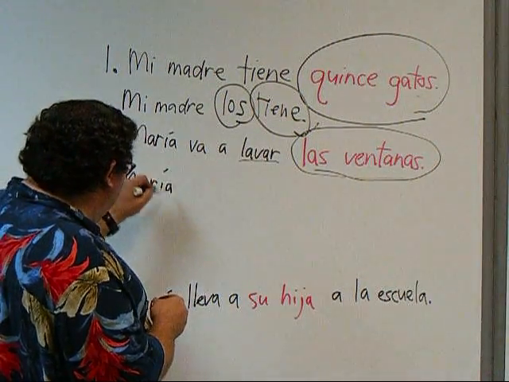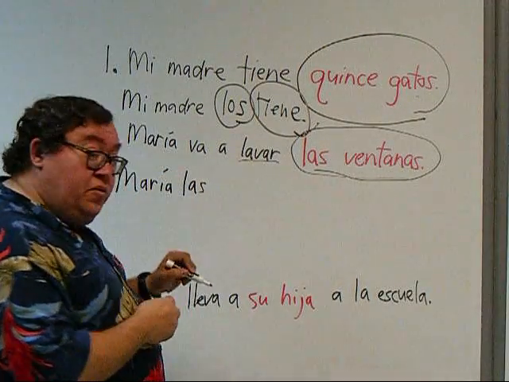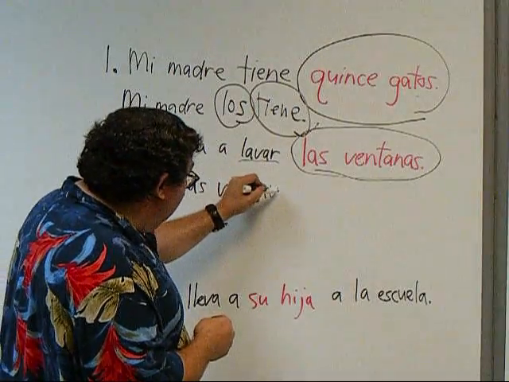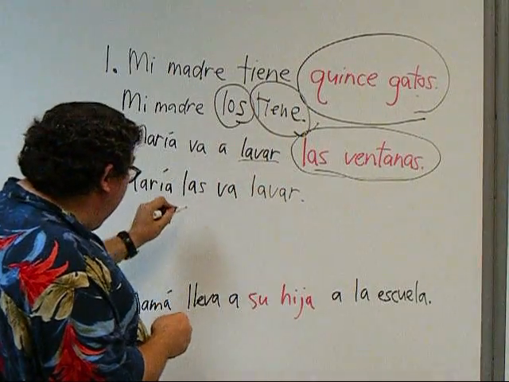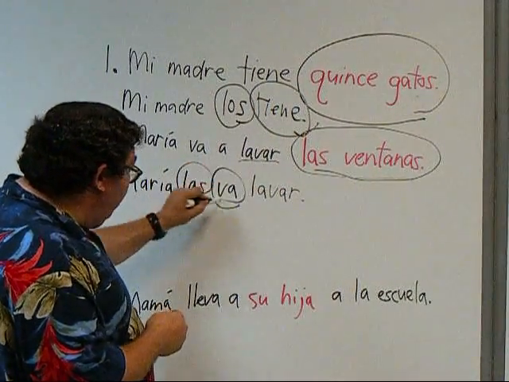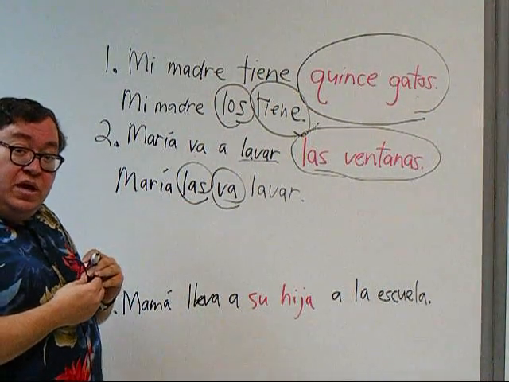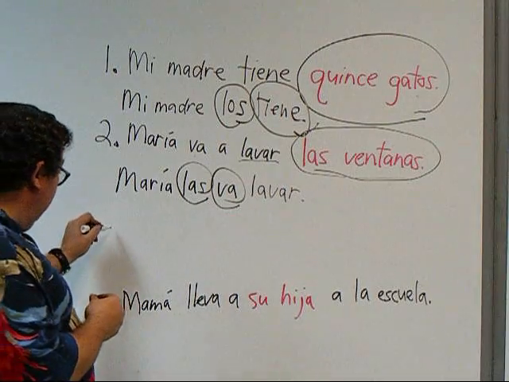Maria las, there's my direct object. Okay, so here's my direct object right before that conjugated verb. Now, let's do the other option where we put it on the end of the infinitive lavar.